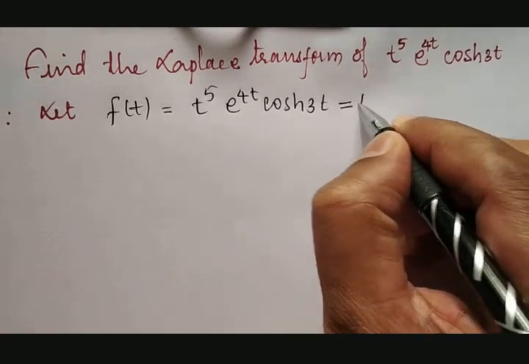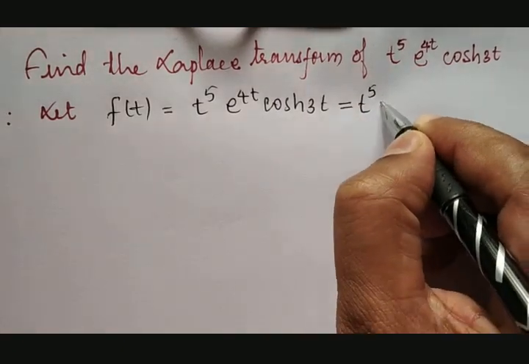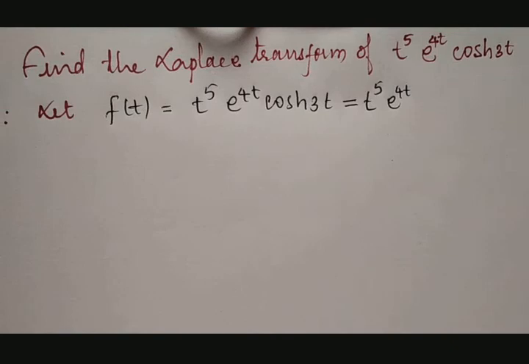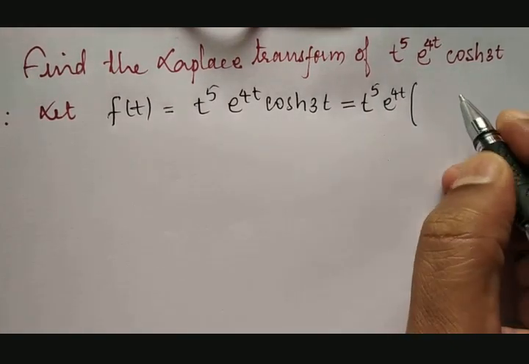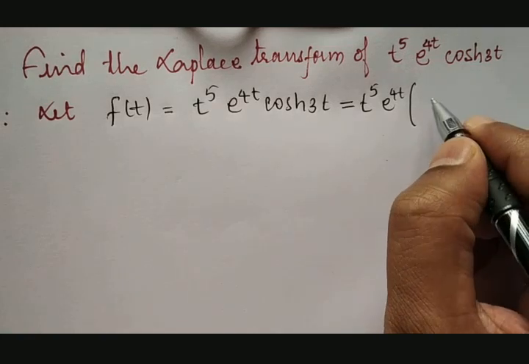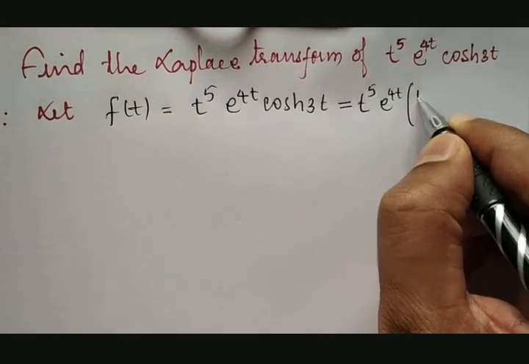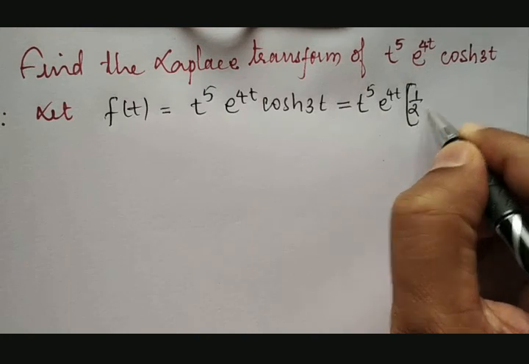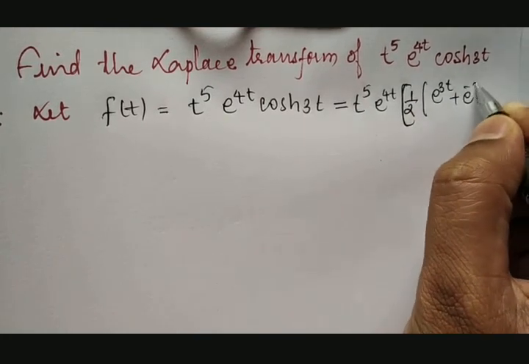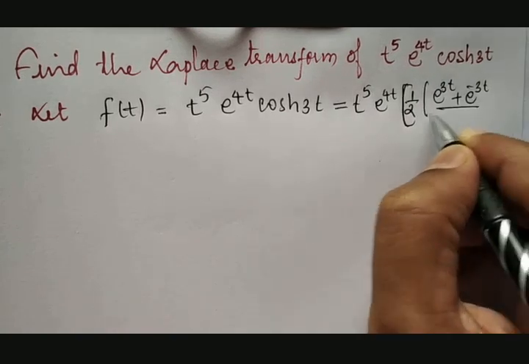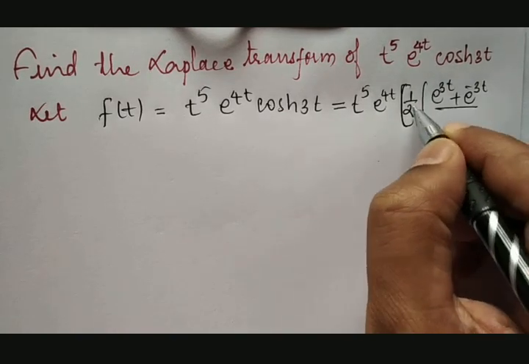So we take t raised to 5, e raised to 4t, and the hyperbolic is converted into an exponential. Cos hyperbolic 3t is nothing but 1 by 2 into e raised to 3t plus e raised to minus 3t.